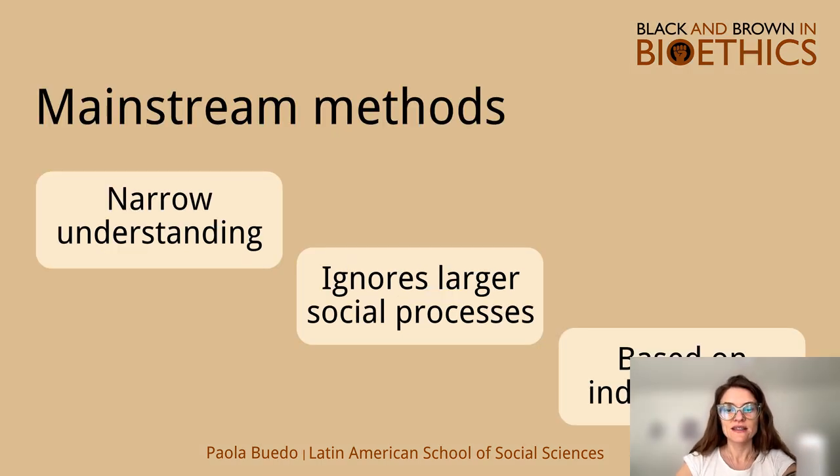If we have a data set that has been collected to understand why people with schizophrenia are socially excluded, and we use mainstream methods to analyze the data, we will conclude, easily, that people with schizophrenia have individual characteristics that make it difficult for them to interact socially, and therefore they are excluded.